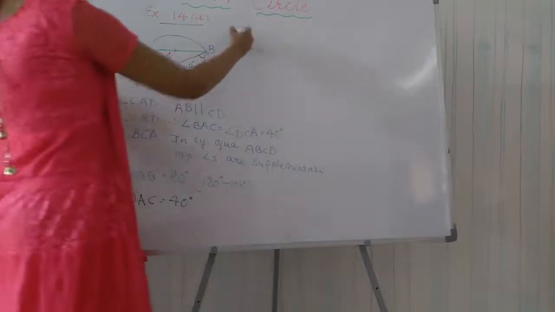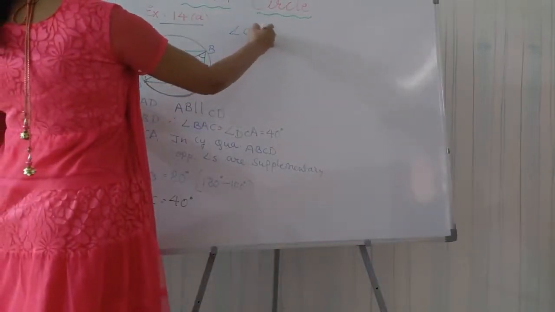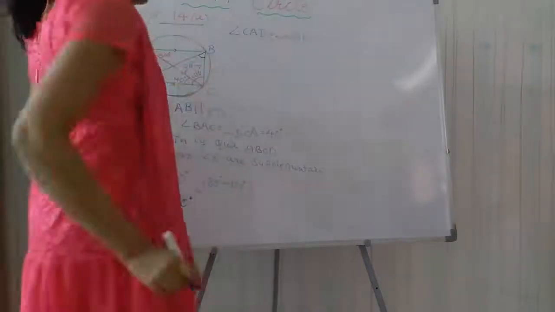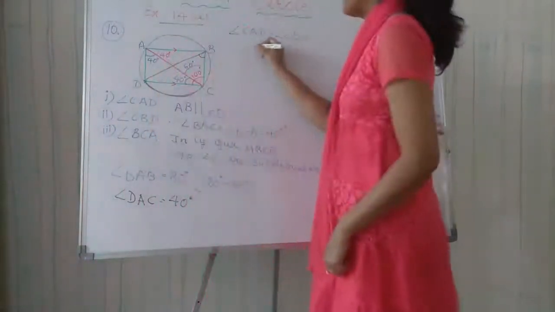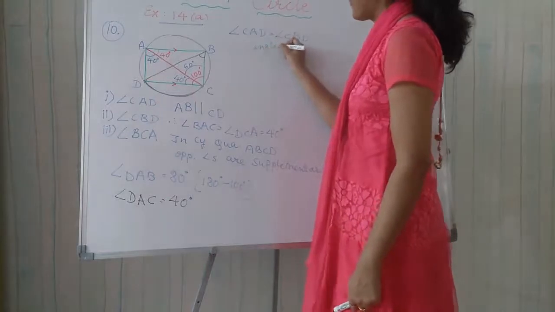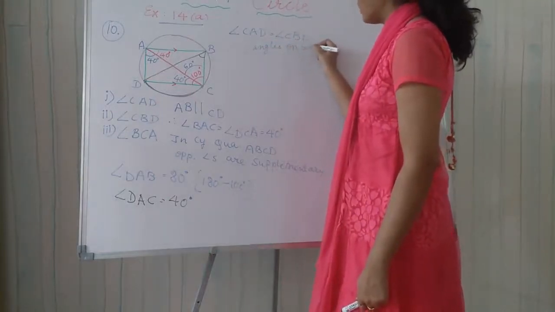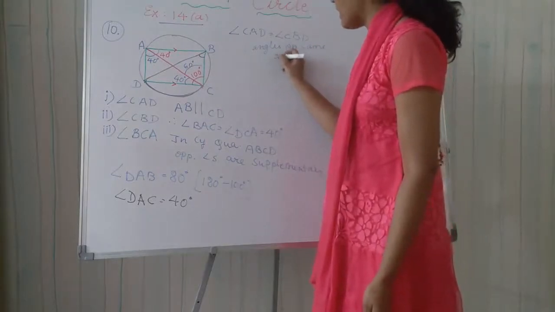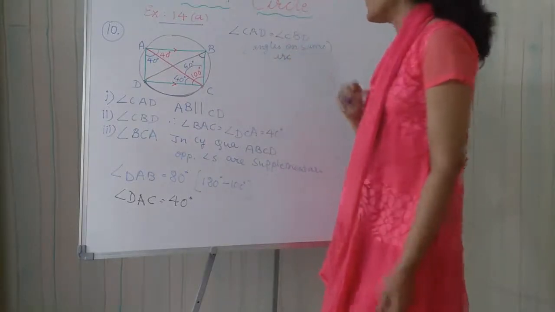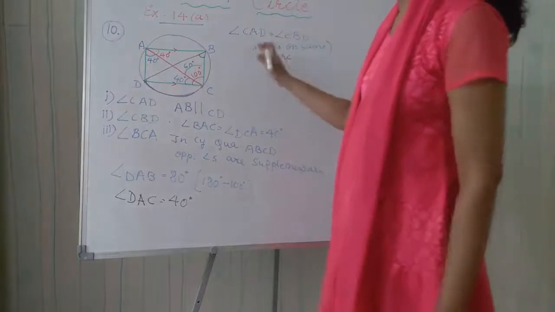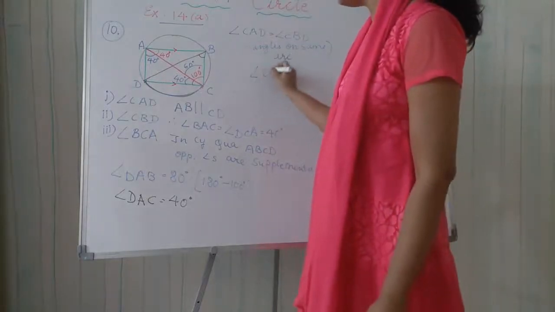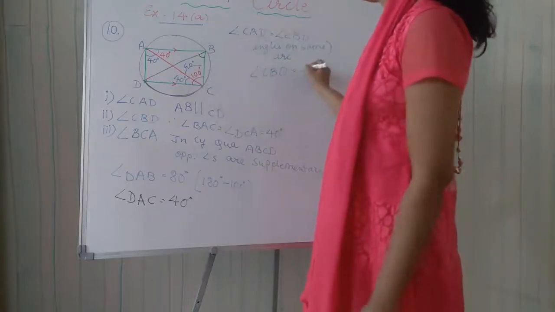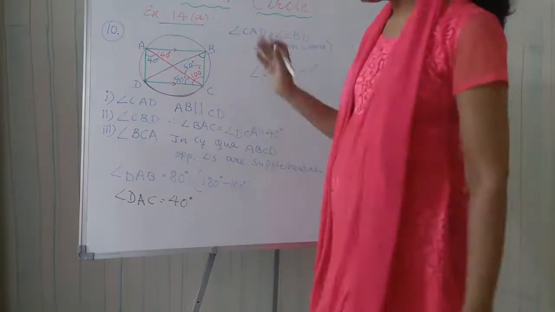So I am writing here angle CAD is equal to angle CBD. How? Because angles on the same arc, or you can write in the same segment also. Angles on the same arc are always equal. So we have found our second angle, angle CBD is equal to 40 degree. Second answer also found.